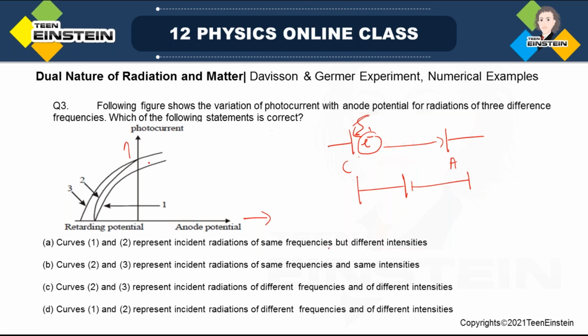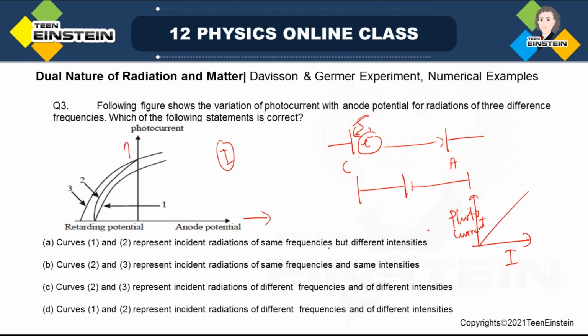The photocurrent depends on intensity. Photocurrent depends linearly on intensity.